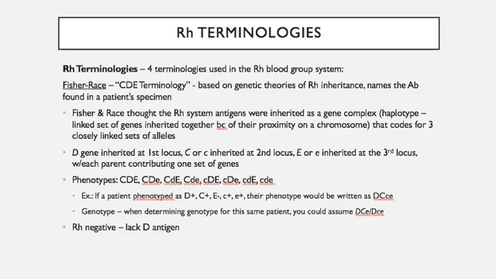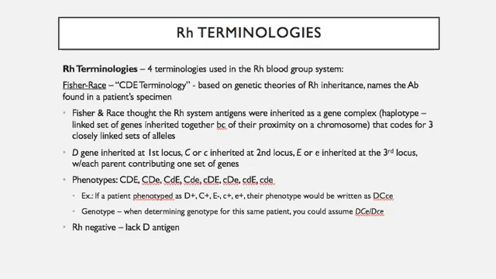They thought the antigens were inherited as that complex that codes for 3 closely linked sets of alleles. So they said that the D gene is inherited at the first locus, big C or little c is inherited at the second locus, and then big E or little e is inherited at the third locus, with each parent contributing 1 set of genes.